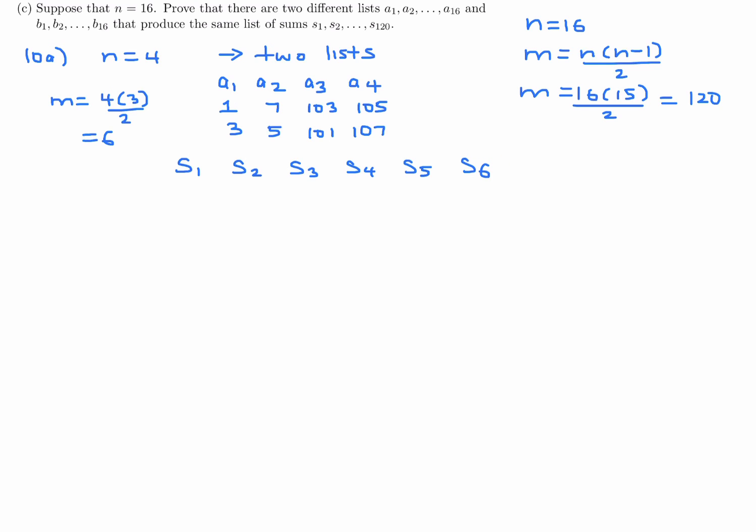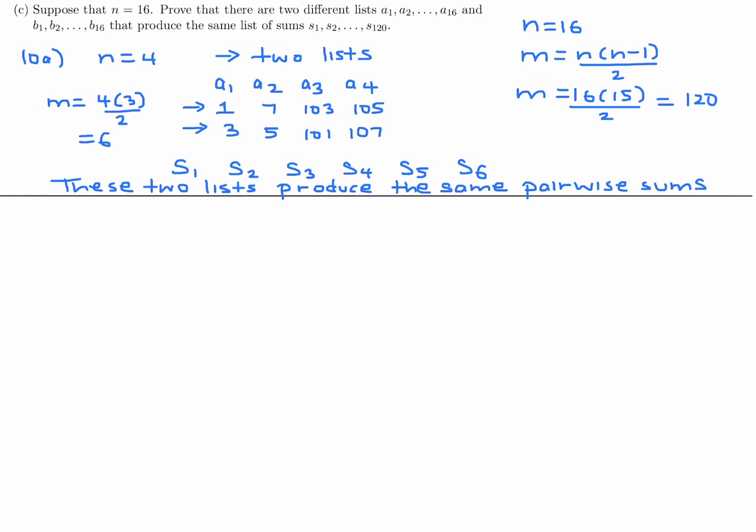And that's why we're going up to S6. And when you use this list and you make the pairwise sums, they would produce S1 through S6. And then when you use this list and make the pairwise sums, they would produce the exact same list, same numbers. So those two lists produce the same pairwise sums.